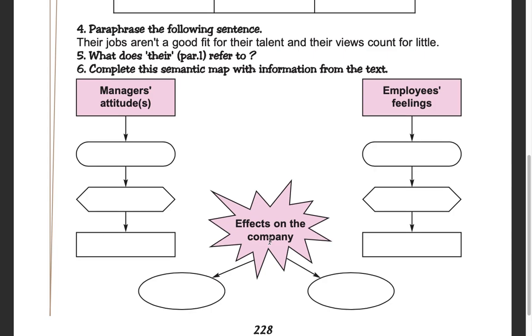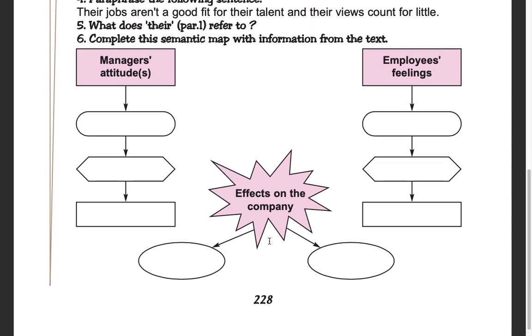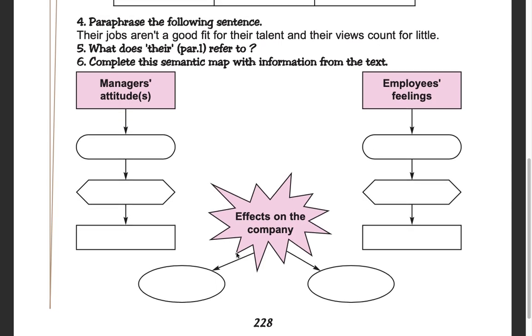It affects the company, and creates a bad atmosphere that makes workers unhappy in their jobs, and as a result, their productivity drops.